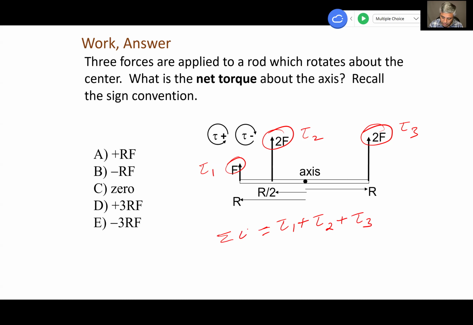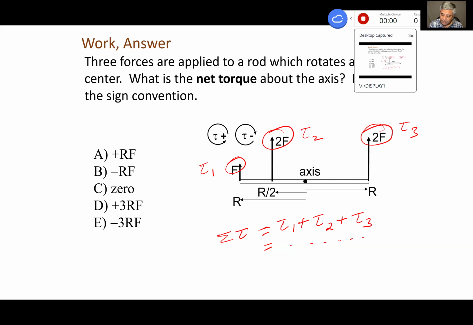So sum of torque means this. You want to calculate this and add them, okay? So you have 2 minutes to answer this question. Go ahead, find torque due to each of those, add them, and choose the answer.